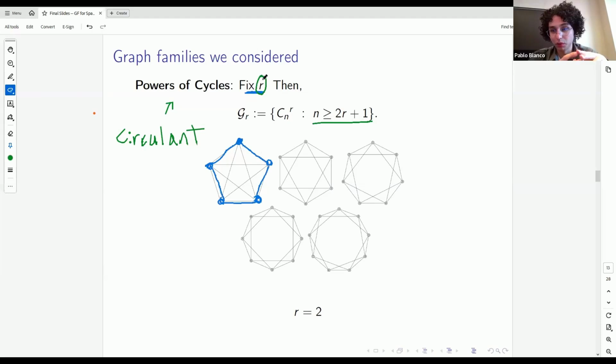If n is too small, then, for example, so generally, if n is large enough, then every vertex is going to have degree 2r. But if your n is too small, then that's not even going to happen. So we want n to be large enough to accommodate your r. And that's going to be one family.